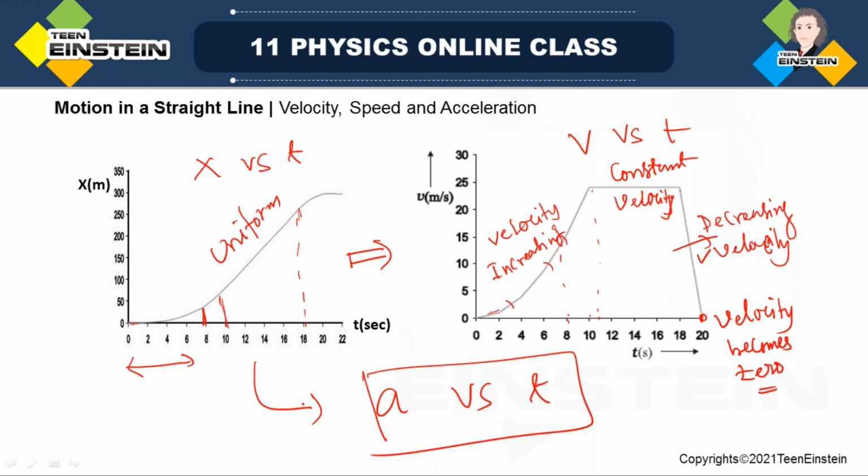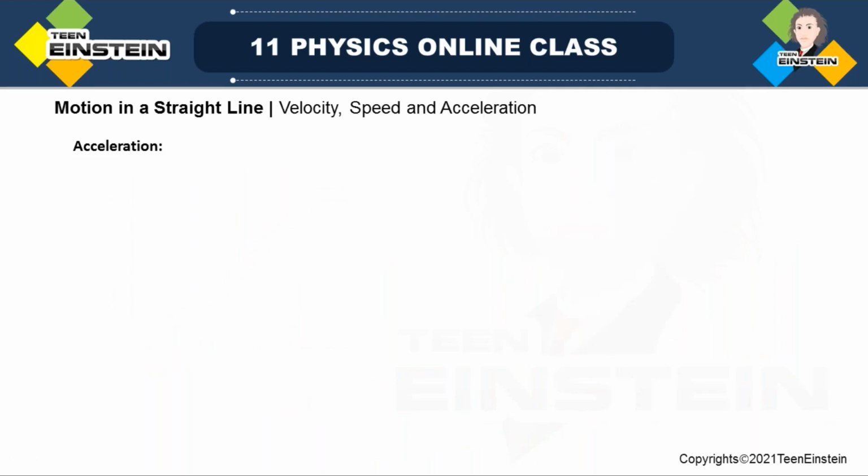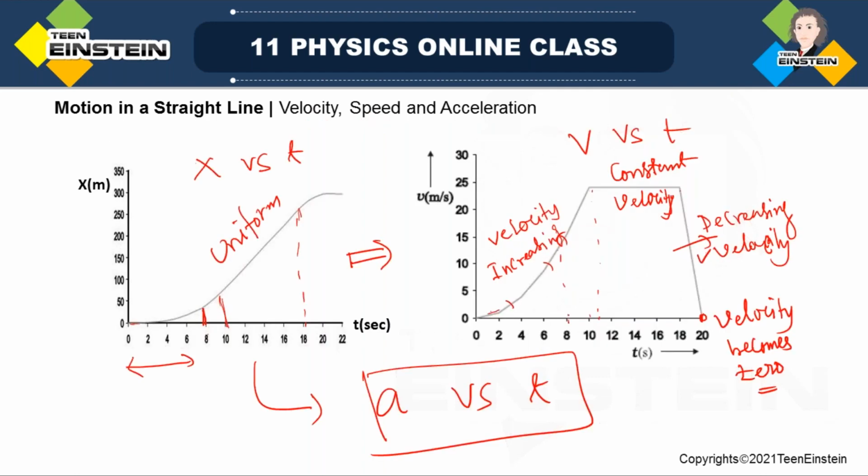We'll show you how to do that in the next few slides. Okay, so we have already learned what is velocity, what is speed, what is average velocity, instantaneous velocity, and instantaneous speed. Instantaneous speed is the magnitude of the instantaneous velocity.